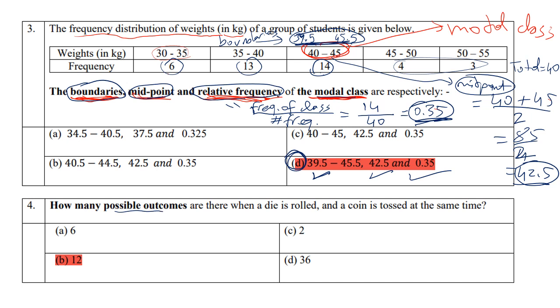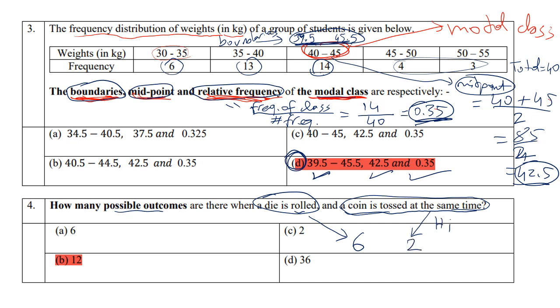How many possible outcomes are there when a die is rolled and a coin is tossed at the same time? So when a die is rolled, we have 6 outcomes, 1, 2, 3, 4, 5, 6. And when a coin is tossed at the same time, we have 2 outcomes, head or tail.